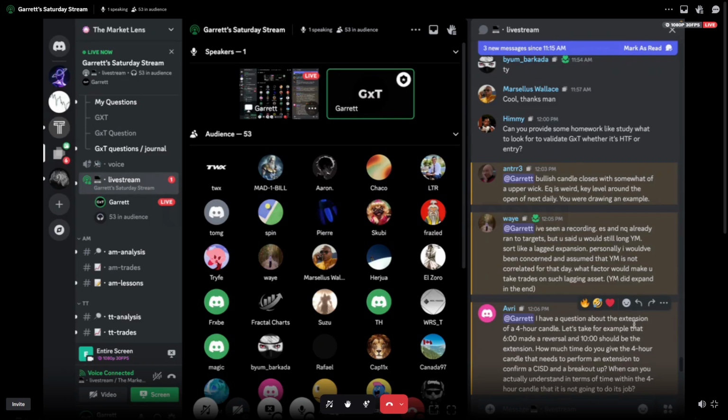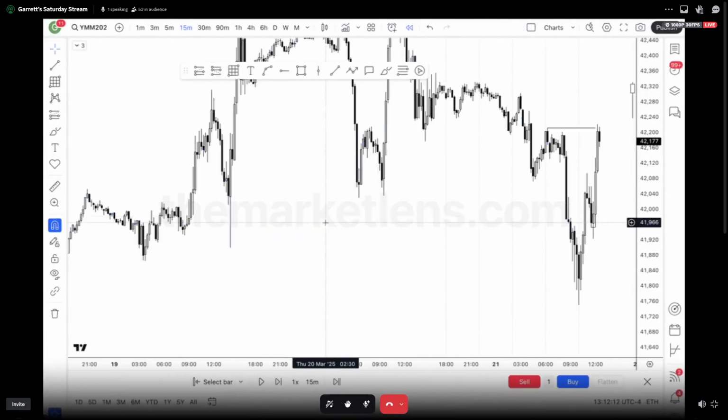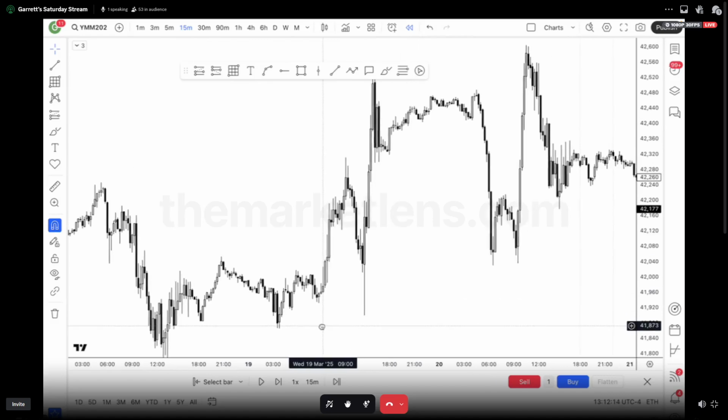YM is stronger. When you have a shallower retracement, that kind of gives you the signal. And the framework is so one-sided as well. There's nothing to reverse from either. When I show you this on YM, there's literally nothing to reverse from regardless to the left.